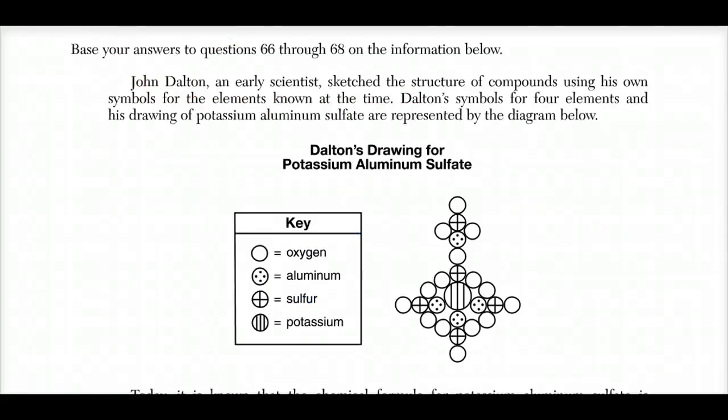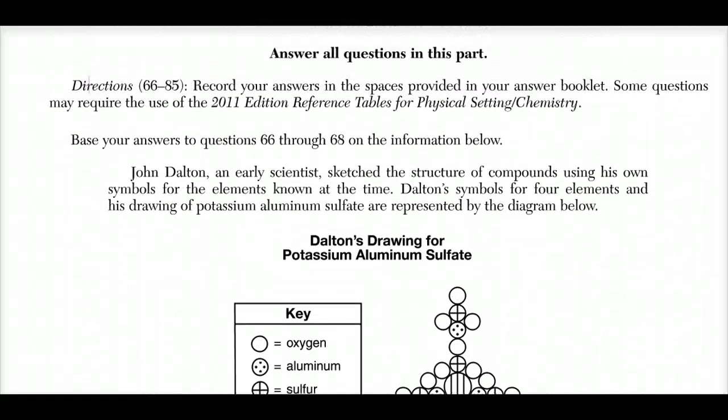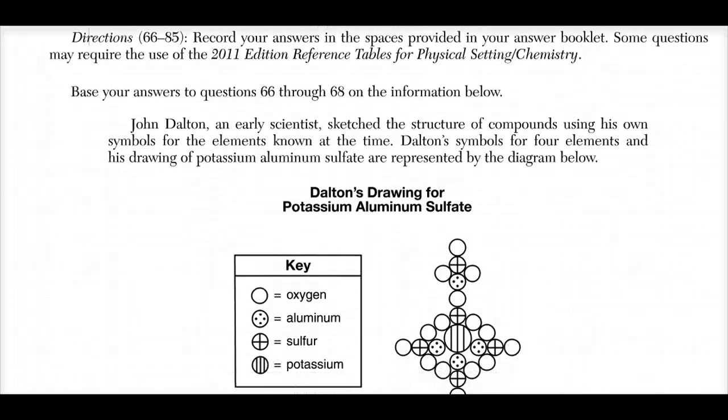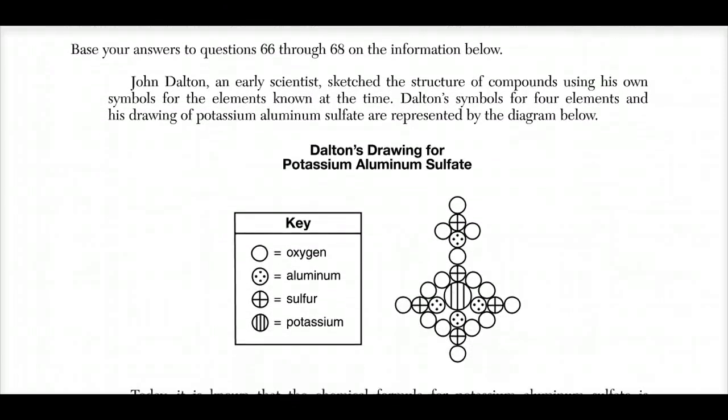Okay, so part C is where we're starting now on number 66, and this is a little more descriptive in the amount of information they give you. And as I told you before, I find it a good strategy is to go to the question first and see what they want, because at the end of the test you might be tired.